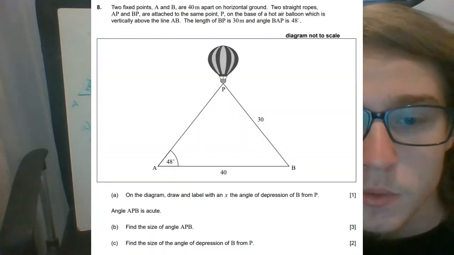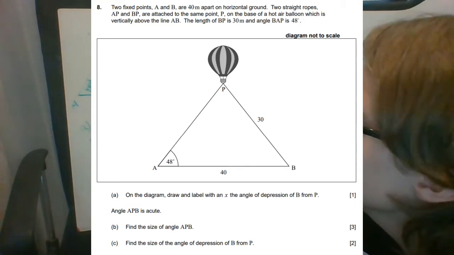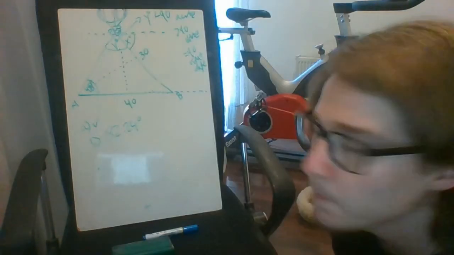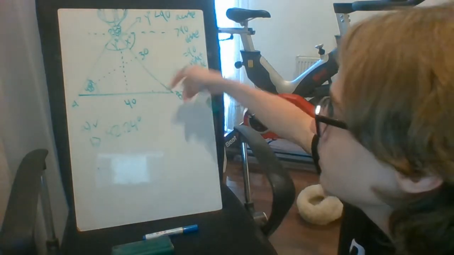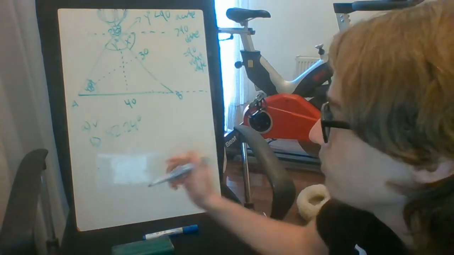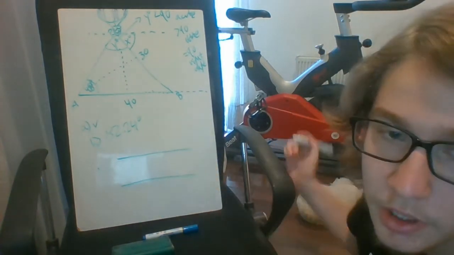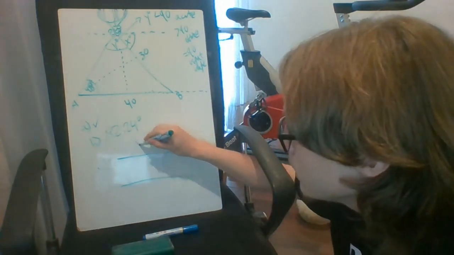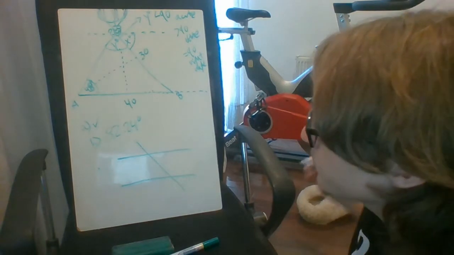Okay, and for part C, we have to find the size of the angle of depression of B from P, which is the value of x that we defined in part A. So with parallel lines, which are the ones that we have right here, the dotted one here and the dotted one there, if you have parallel lines and they are being cut by any line in between, there's a property that forms, okay?